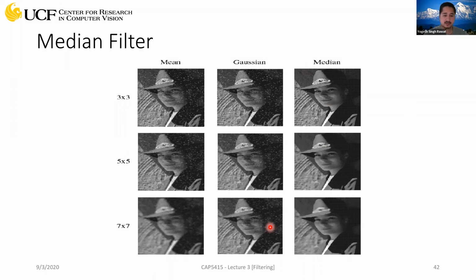Even if you increase the size of the kernel, it's getting blurry, but in this case, you don't have any noise. So it's perfect to remove very contrastive noise, or where the value is very different from what you have in the neighborhood.